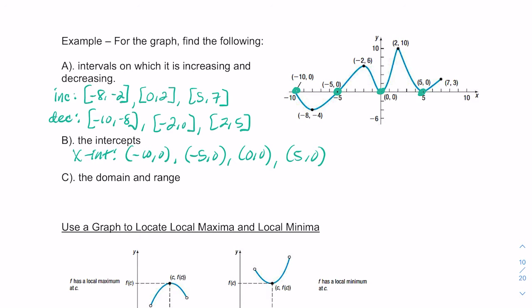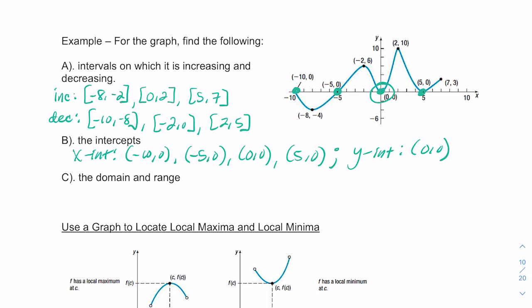And then I also see a y-intercept at (0, 0) as well. So the x and the y-intercept are both (0, 0).